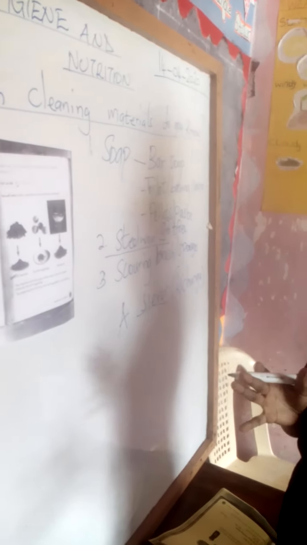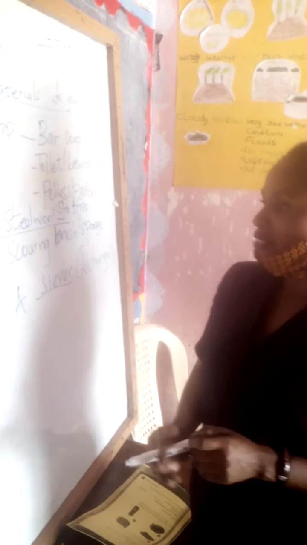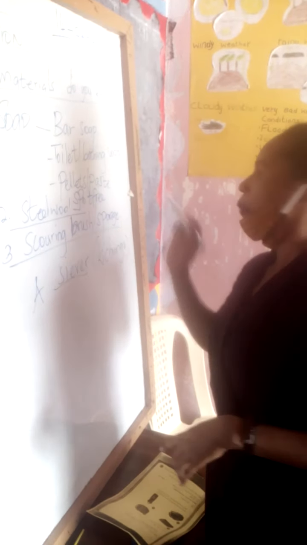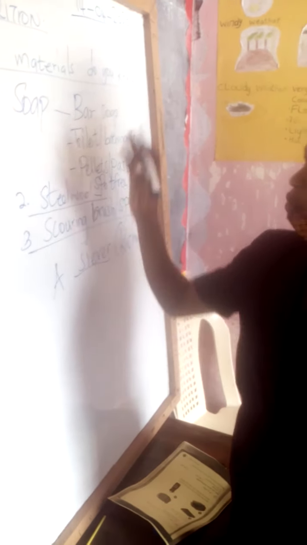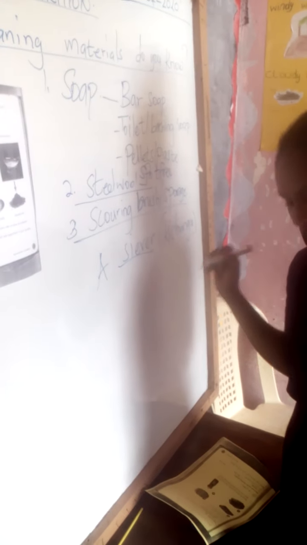Something mild is something that can only remove stains that are not so stubborn. So we are going to use sieved ash, and these ones are replacing all the cleaning materials that we had mentioned that are supposed to be bought from the shop.